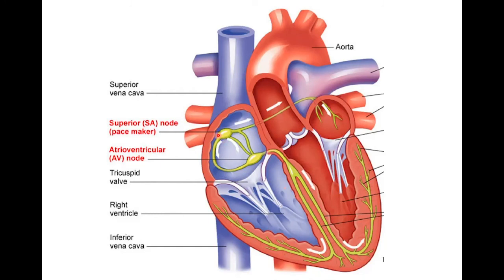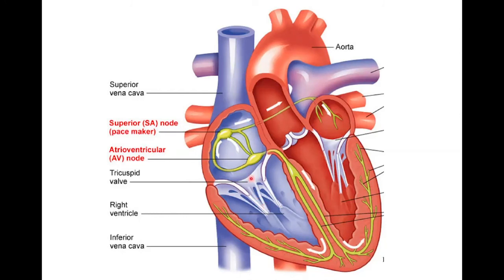So from the SA node firing to the depolarization of both atria and ventricles and subsequently contraction and relaxation of both, that takes on average about 0.8 seconds. So you can hopefully appreciate that when you're stressing your heart and your heart rate is elevated, your electrical conductive system has to operate seamlessly to coordinate all of the contraction to ensure that the heart is pumping the blood through it as efficiently as possible.